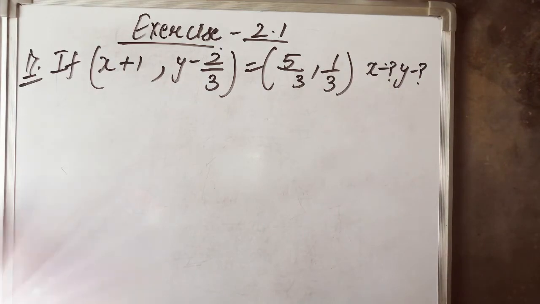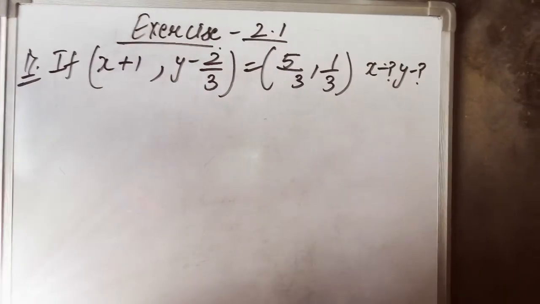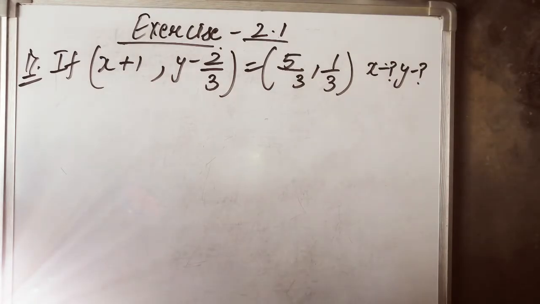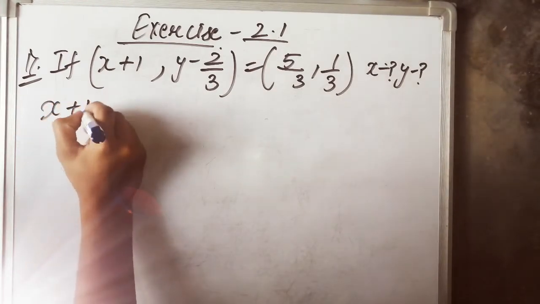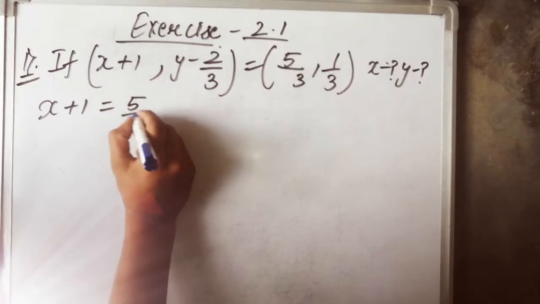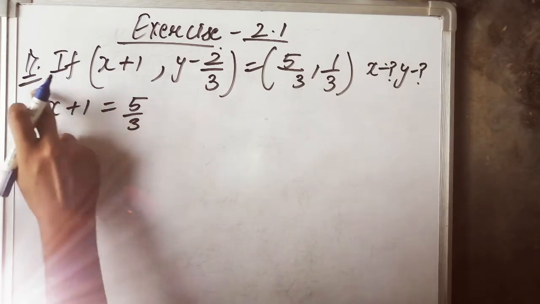We need to find out the values of x and y. So taking x plus 1 equals 5 by 3 and taking y minus 2 by 3 equals 1 by 3, we have x plus 1 equals 5 by 3. We can take 3 multiplication of this term.